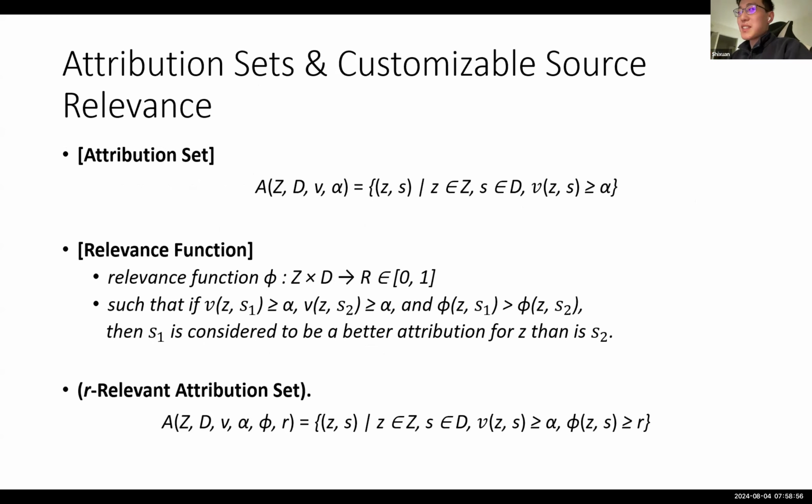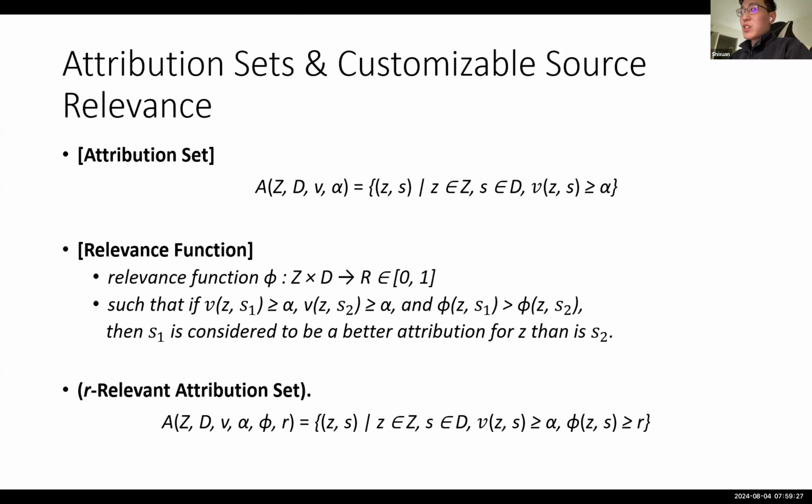There are a few more definitions, for the attribution set and the relevance function. The attribution set, as I mentioned before, is the result of your attribution process. It is the set of all the pairs that have a score larger than a threshold alpha. The relevance function is another metric that estimates the relevancy between each pair.